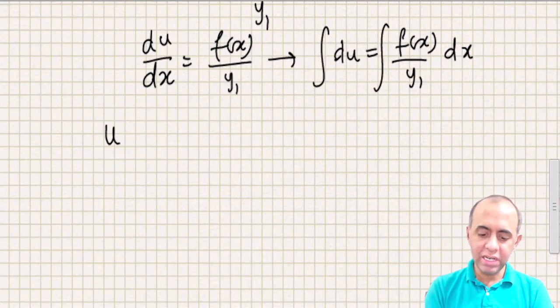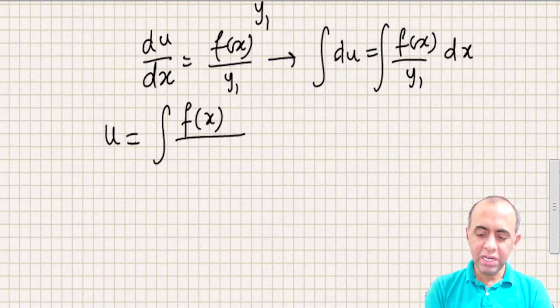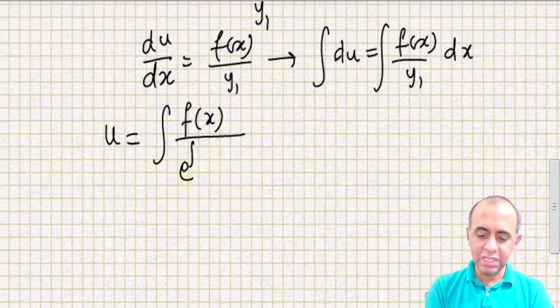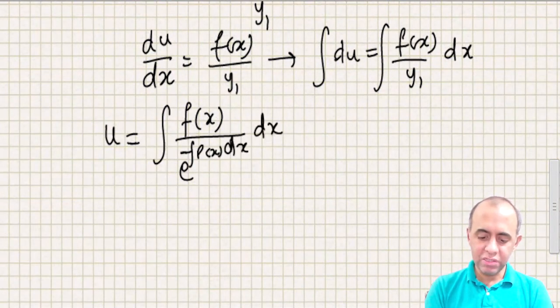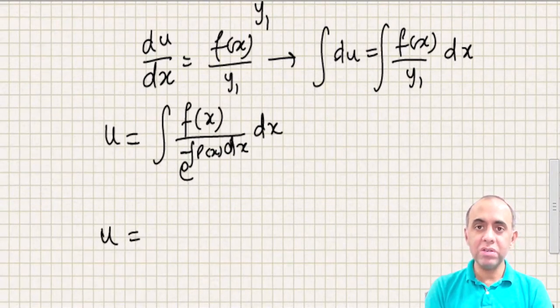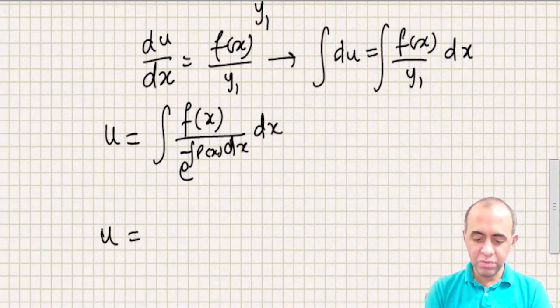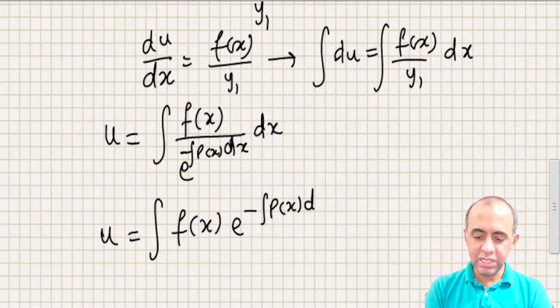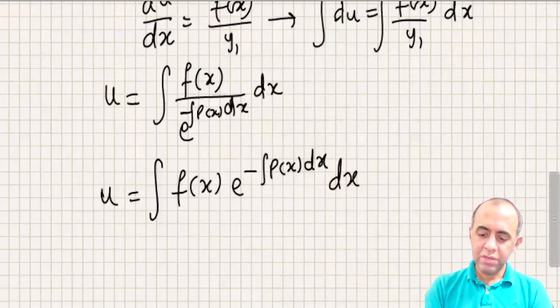On the left hand side I get the value of u, and on the right hand side I get the integral of f of x divided by the value of y1, which is e to the power minus integral p of x dx, dx. So u becomes equal to, taking the denominator upwards to make it the numerator, the integral of f of x e to the power integral p of x dx, right?